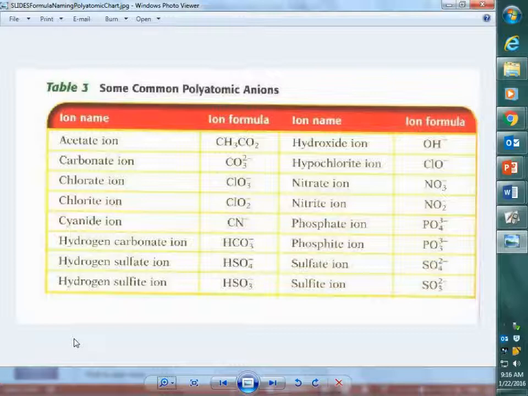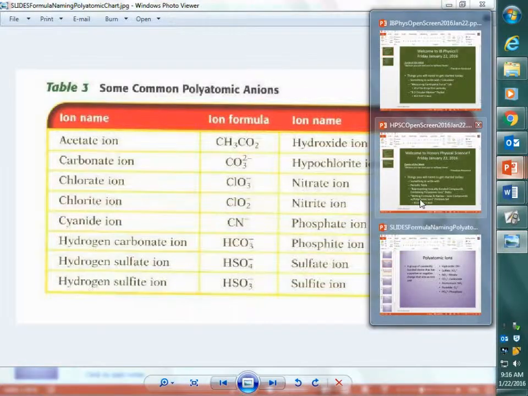Positively charged things, right? These are, like it says on the table, polyatomic anions. Polyatomic anions are attracted to what? Cations, because cations are positively charged. All right? Does that make sense? Okay. So how do we represent that? That's where we're headed here next.